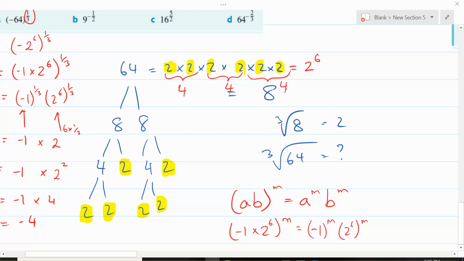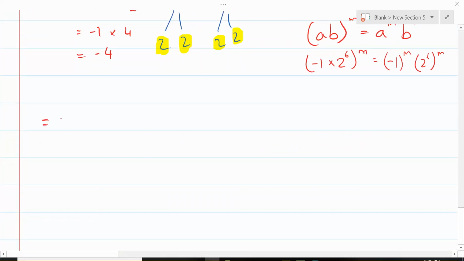This will make your problem much easier because instead, you could have written negative 4 to the power of 3 to the power of a third, and this is much easier. This is the same thing as saying negative 1 to the power of a third times 4 cubed to the power of a third, and that now becomes negative 1 times 4 to the power of 1, negative 4. That's how I would have done it.